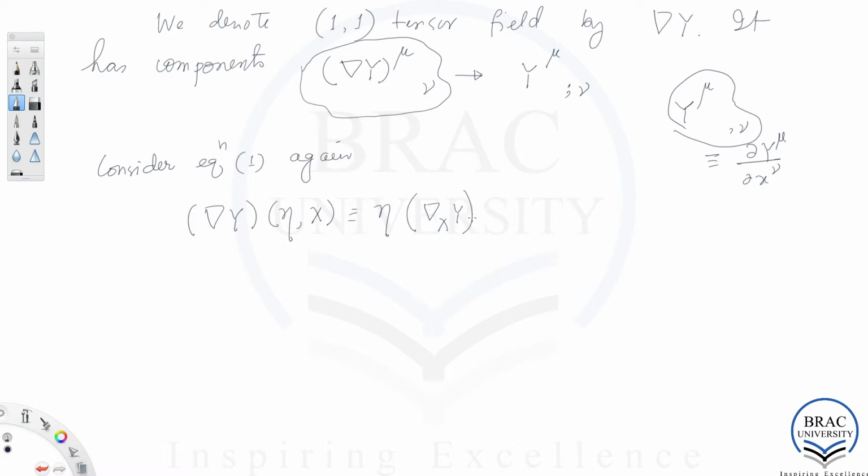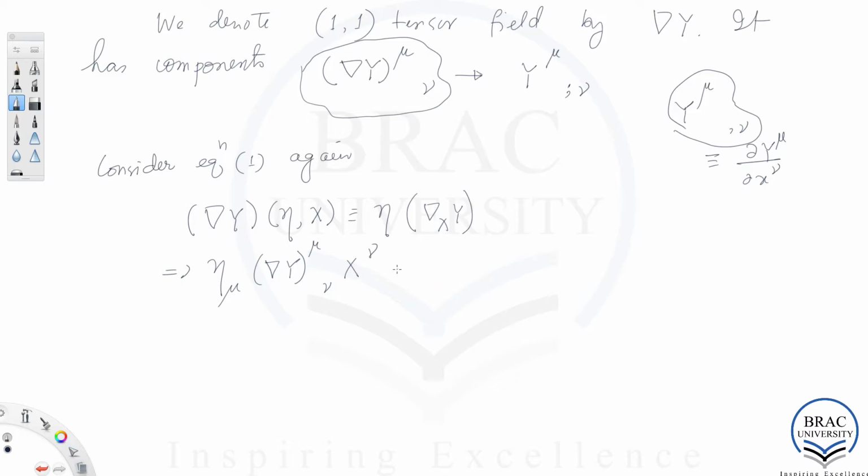And this implies, in component form, we write it as eta mu nabla y mu, and then you have x mu. Okay, so it's a scalar, right? We have already defined it as a scalar because on the right side we have a scalar.